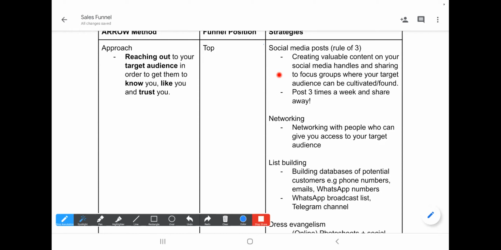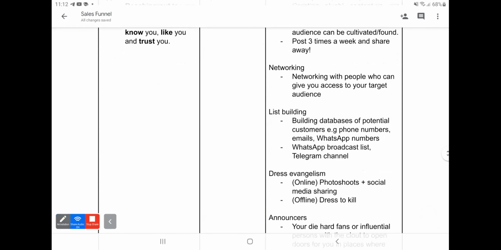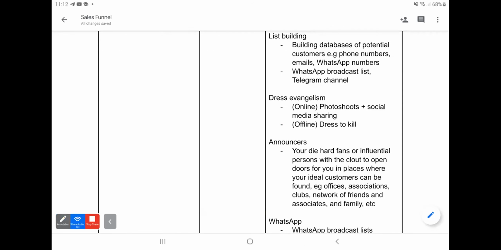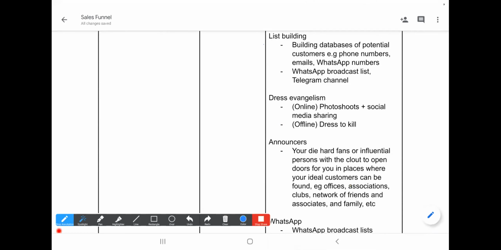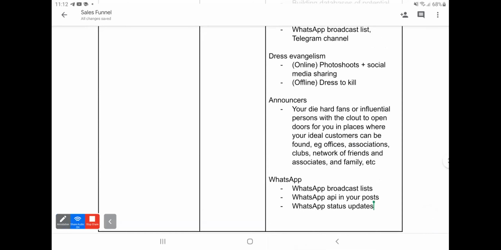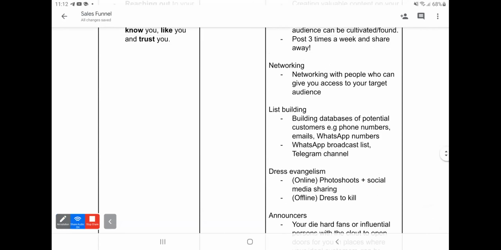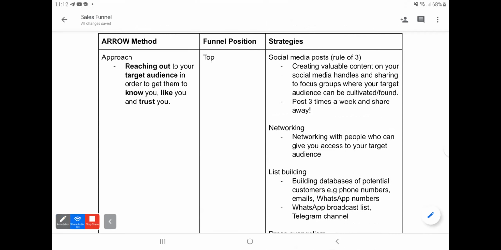Now, when it comes to networking, list building, dress evangelism, announcers, and WhatsApp, the rule of the game is this.